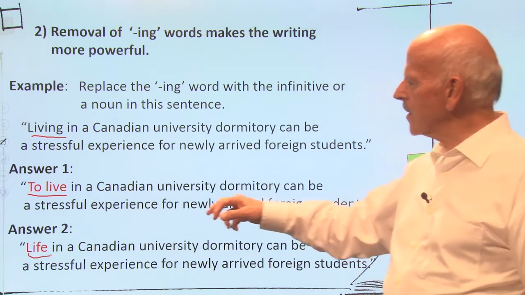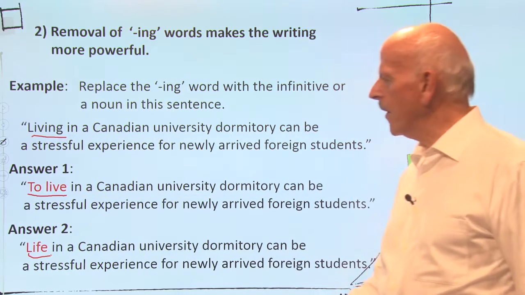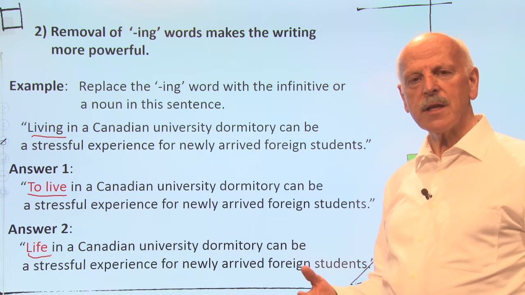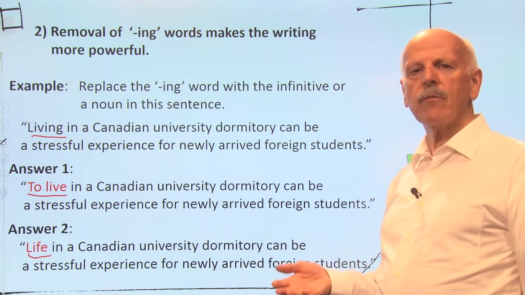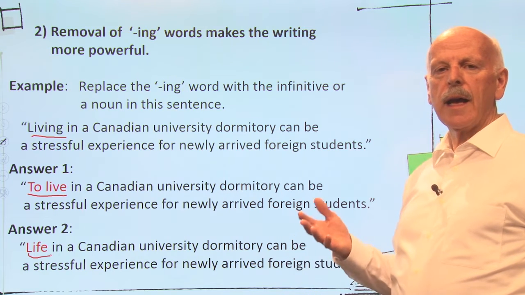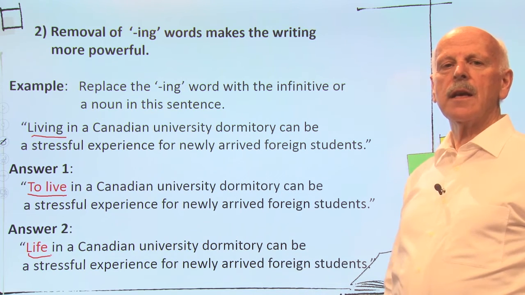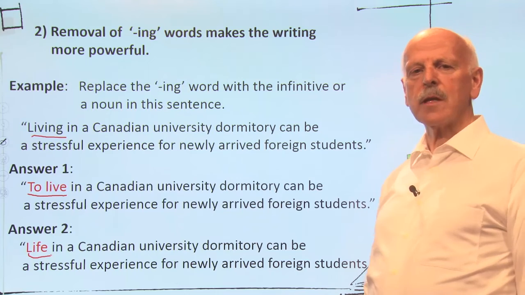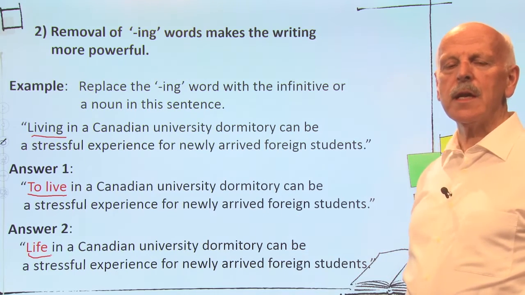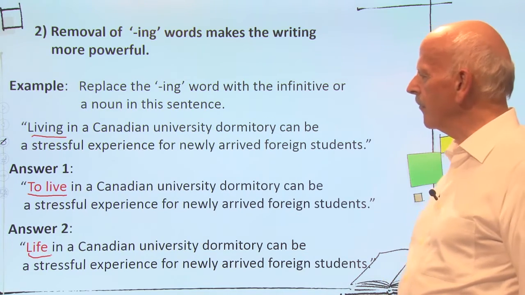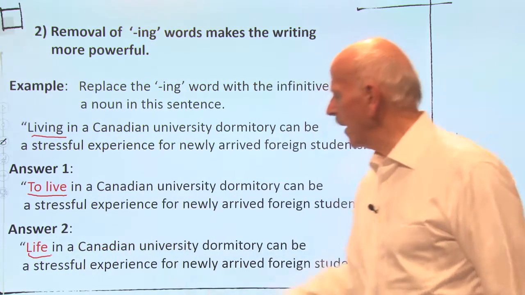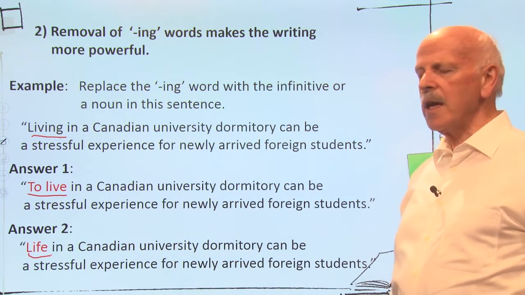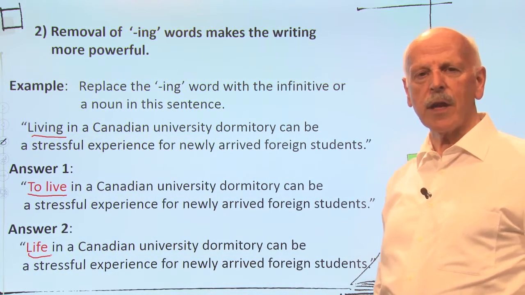And in this case, to live discusses eating your food and drinking your drinks, and not too much more. These are things that we need for life. But life in a Canadian university dormitory is much broader than just eating and drinking.